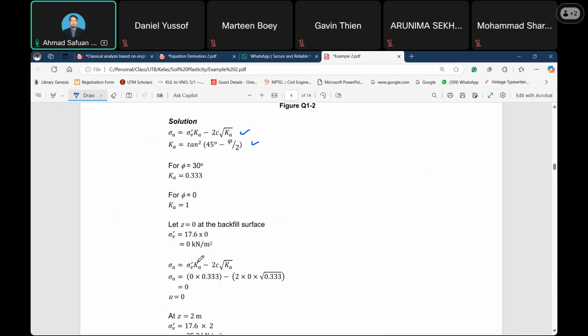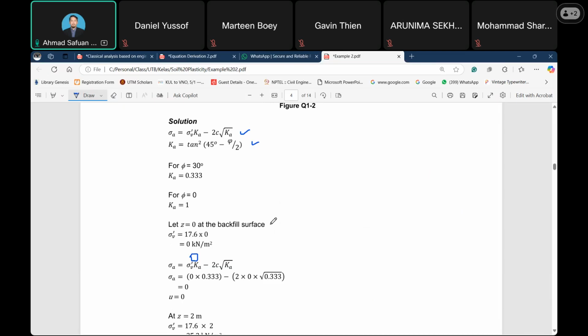If sigma V is zero, this term will be zero, but if you have a C value, at the initial height your effective horizontal stress will become negative. Later on we will look at that example, so please be careful.